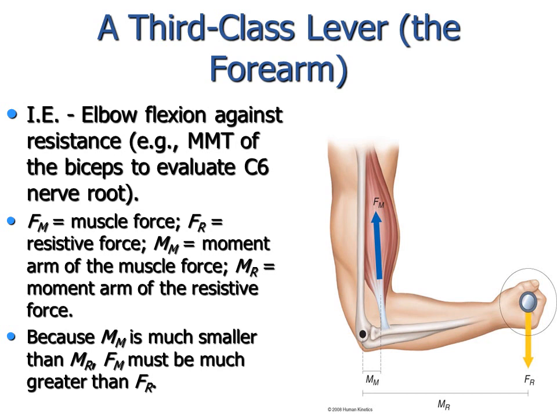tricep muscle. Now, because the moment arm of the muscle action is much smaller than the moment arm of the resistive action, the muscle force must be much greater than is the resistive force in order to create a motion or a movement around that joint.